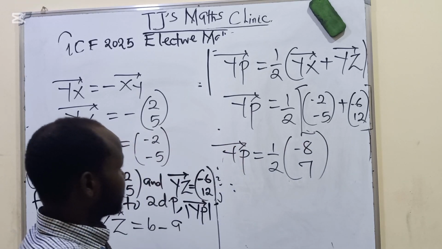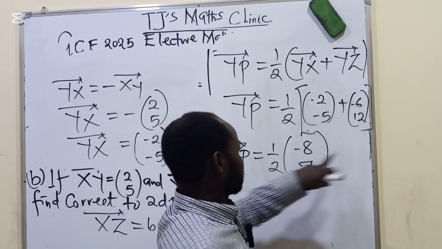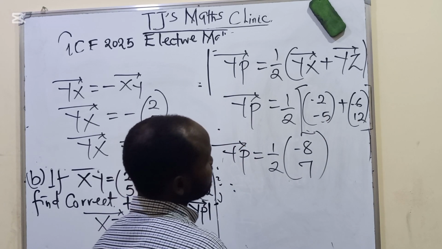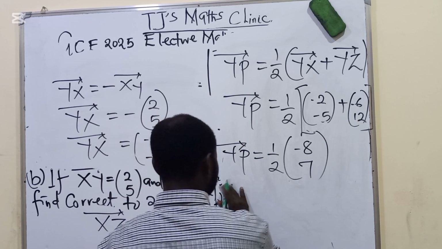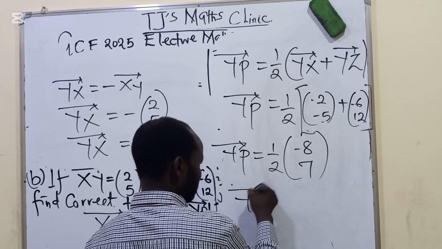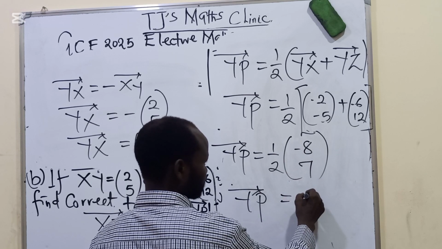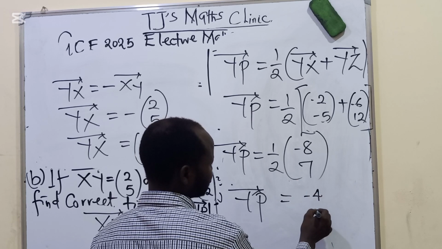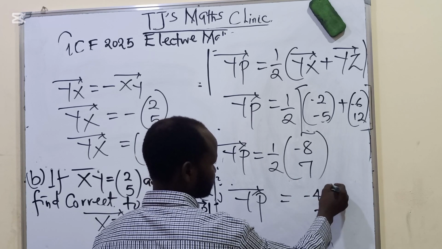Very important. Let's check again. Minus 2 minus 6 is minus 8. Minus 5 plus 12 is 7. So finally, vector YP will be half of minus 8, which is minus 4, then half of 7 will be 7 divided by 2.